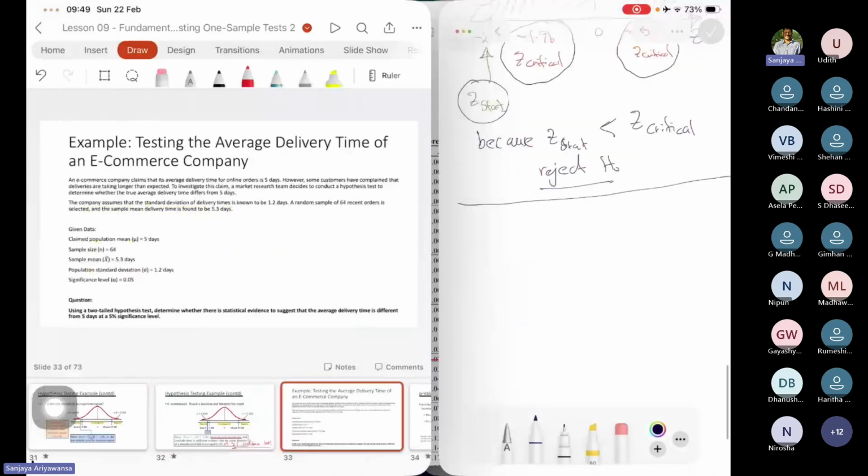So let's try this particular example as well on this e-commerce example.